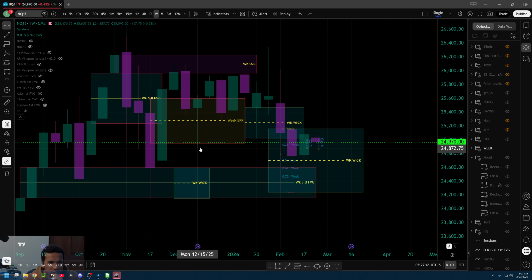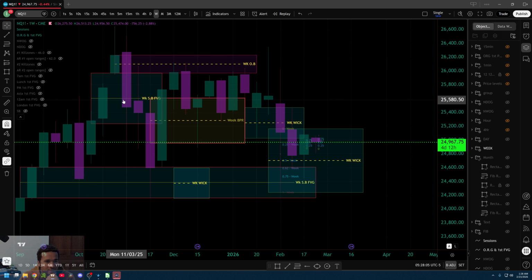As far as watching the wicks, keeping on this one first, look for its midpoint. This one, and those are pretty close. Followed by that one, followed by that one, followed by that one.